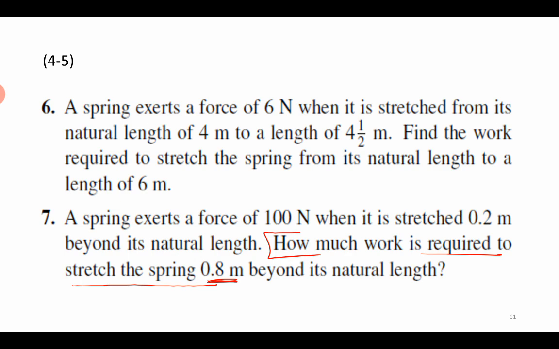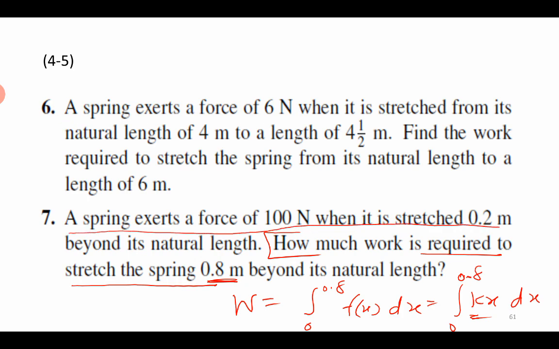We don't know its natural length, but you have to stretch beyond its natural length 0.8, from 0 to 0.8. The integral of F of x dx is the formula for work done. Obviously this is integral 0 to 0.8 of k times x dx. F of x is equal to k times x by Hooke's law, isn't it? The question is, what is k? That should be found by using the first information.